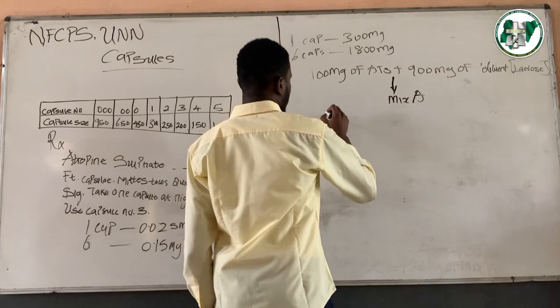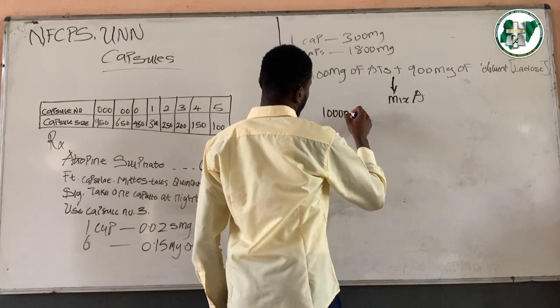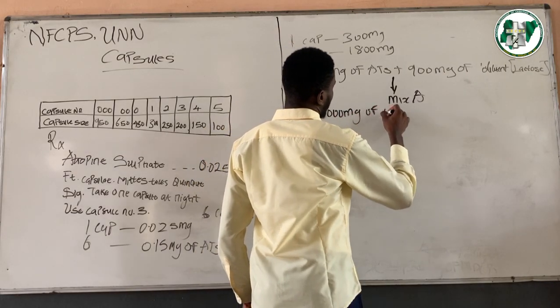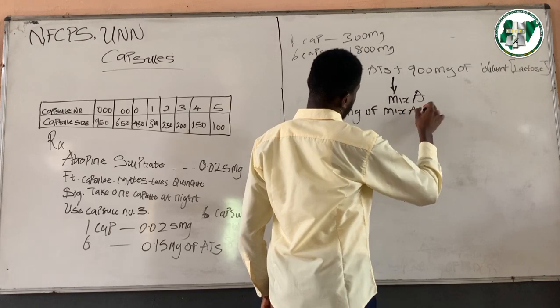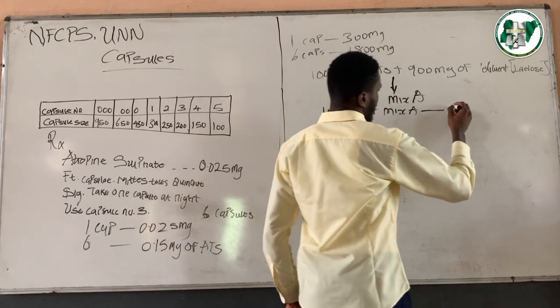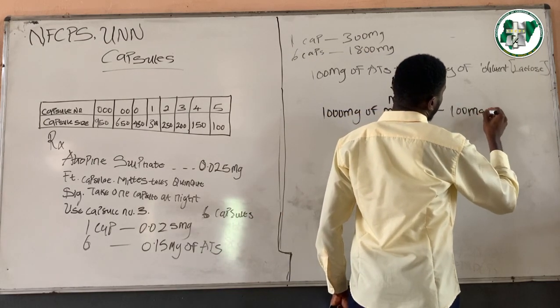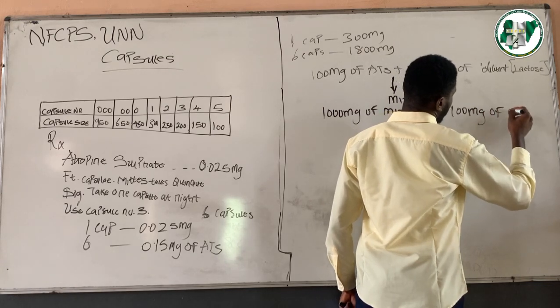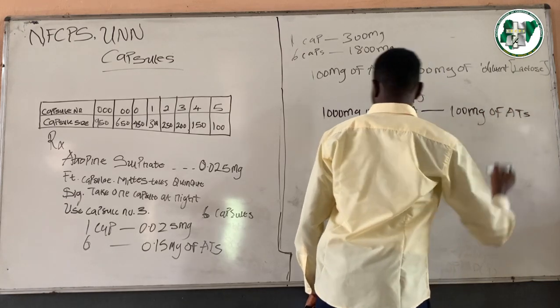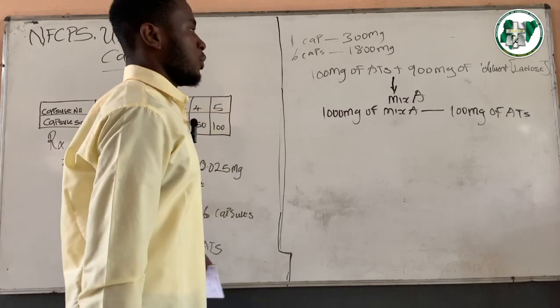Now, mixture A is 1,000 milligram. 1,000 milligram of mixture A contains 100 milligram of our poison, ATS, and we are looking for 0.15 milligram of ATS.